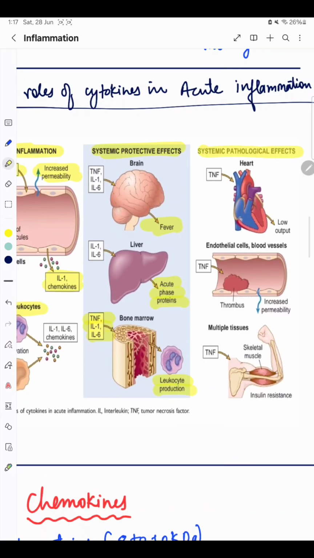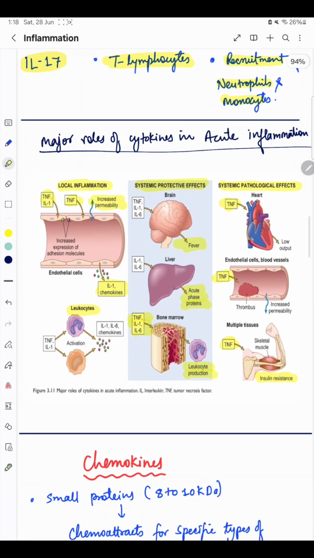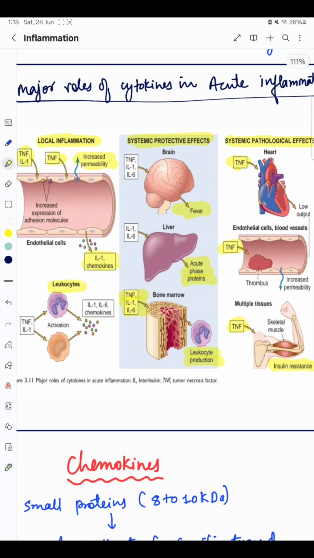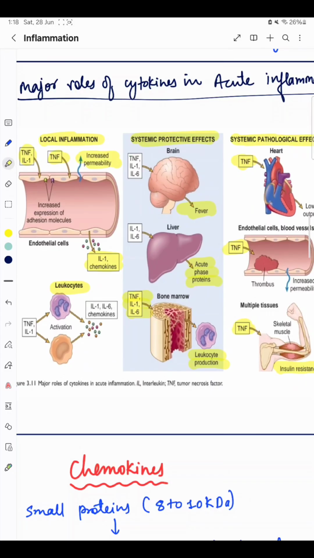Systemic pathologic effects include decreased cardiac output by the action of tumor necrosis factor. Tumor necrosis factor is also responsible for increased vascular permeability, and may cause insulin resistance in multiple tissues. So these are the local, systemic protective and systemic pathological effects of the cytokines.